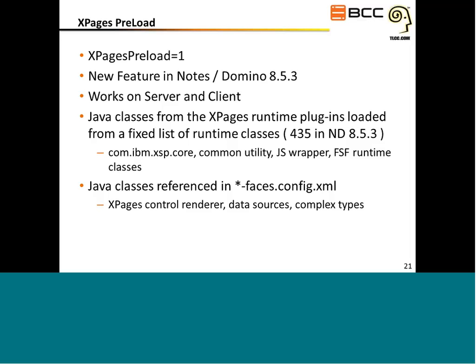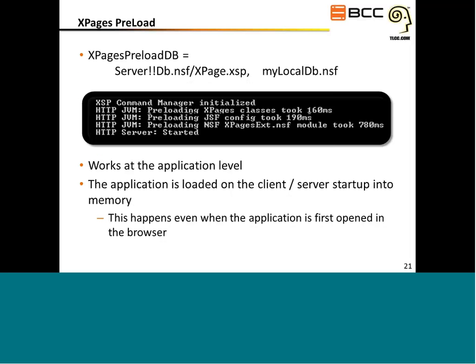How does the server know what to preload? This is the second parameter, the xsp.preload.db equals, and then you can have a single XPage in an application on the server, or you can preload a complete application on the server or on the client. If you watch the console, you will see an output similar to this.